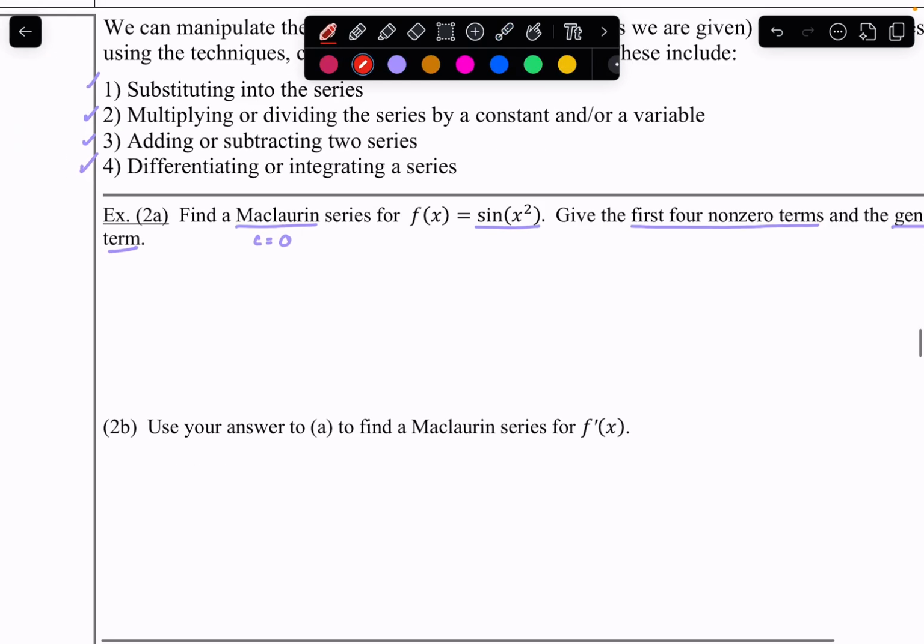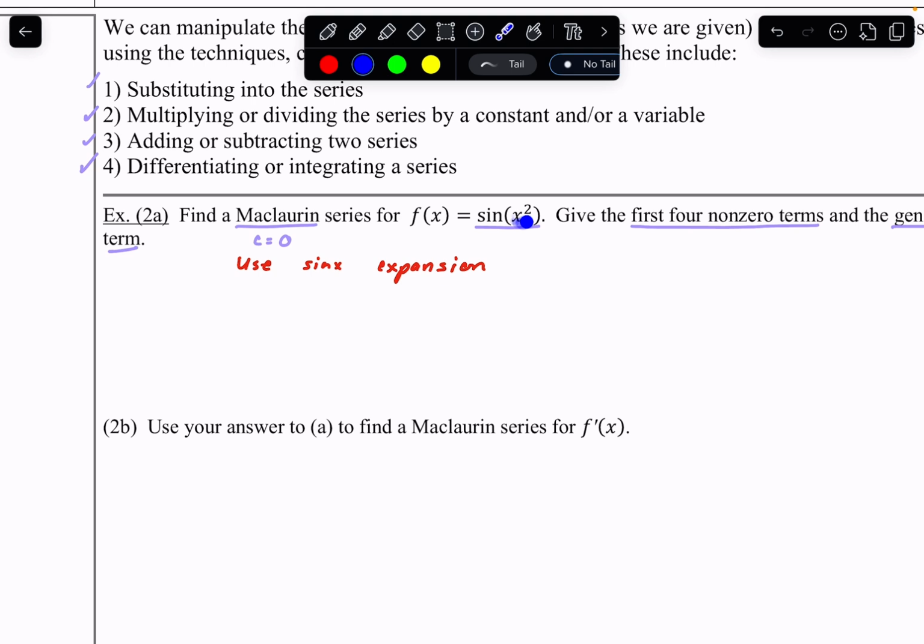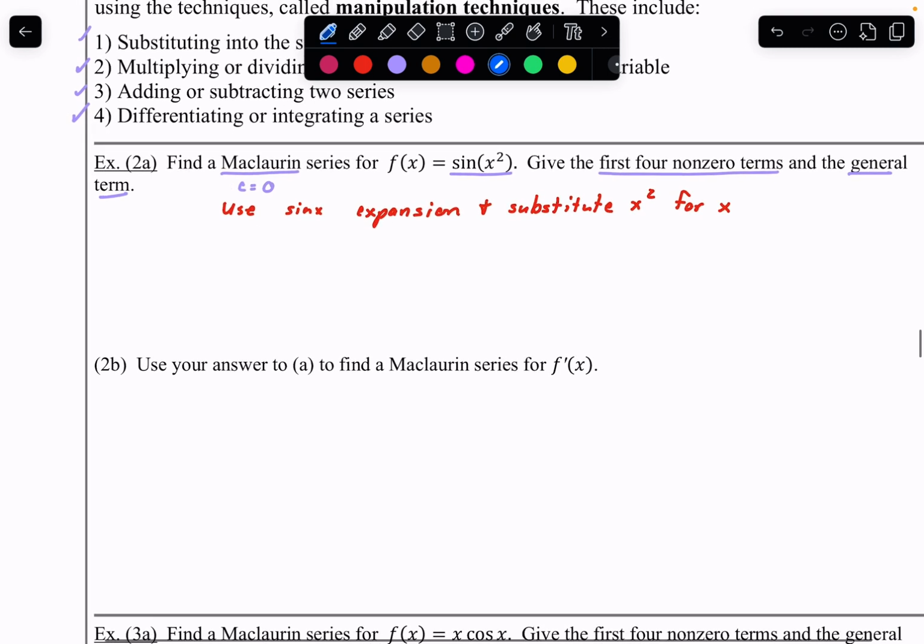So what we're going to do is use the sine of x expansion, and the manipulation is that we're substituting x squared in where x was, right? Substitute x squared for x. So let's start with remembering what the sine of x Maclaurin series was.